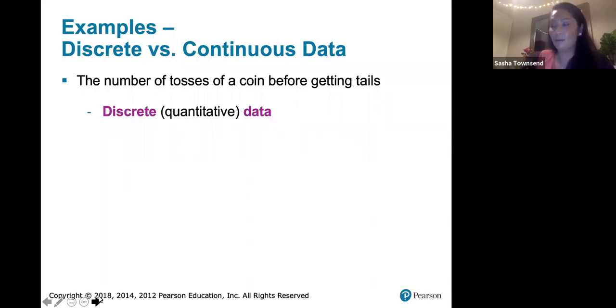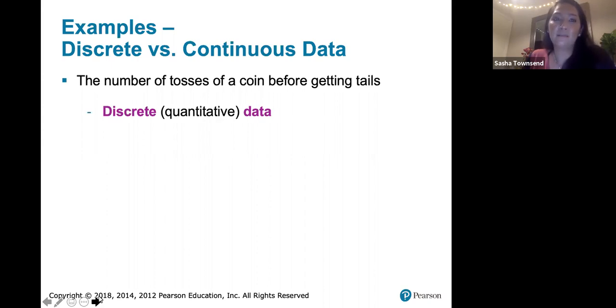I'm always going to get 1 toss or 2 tosses or 3 tosses. Or maybe it'll take a really long time. Maybe I have 100 tosses. Maybe I've got a weighted coin or something like that. But in any case, it's definitely discrete. It's a countable number of tosses. Since we can't have part of a toss, that's discrete data.